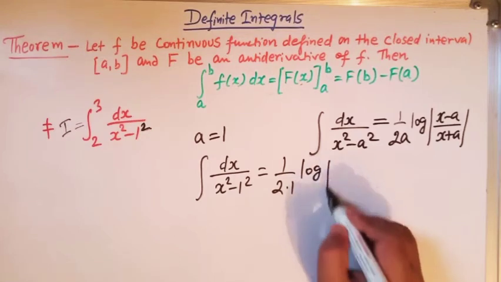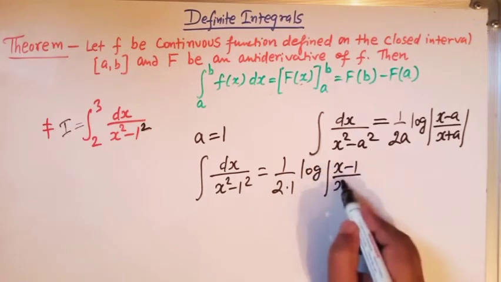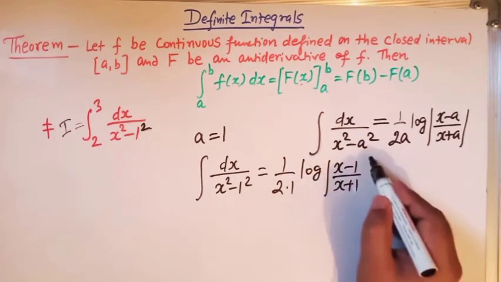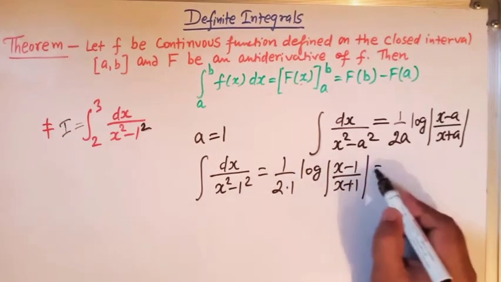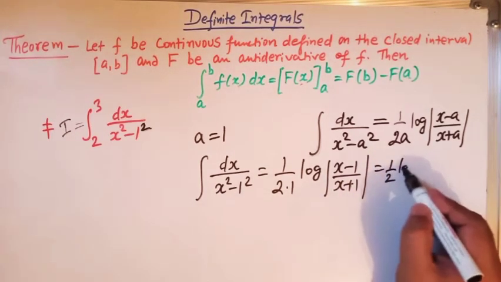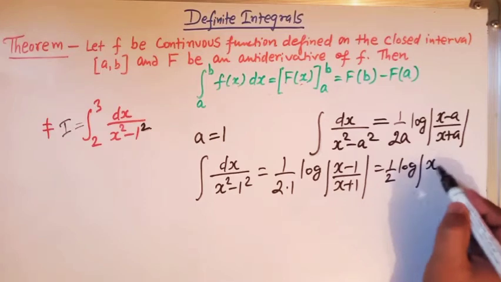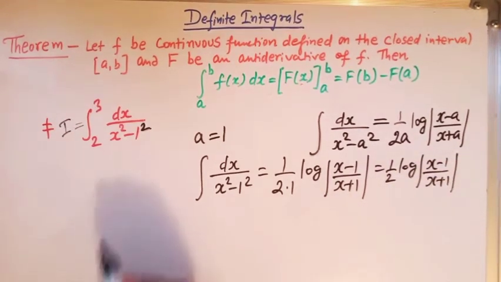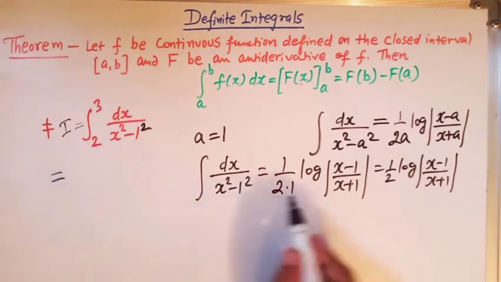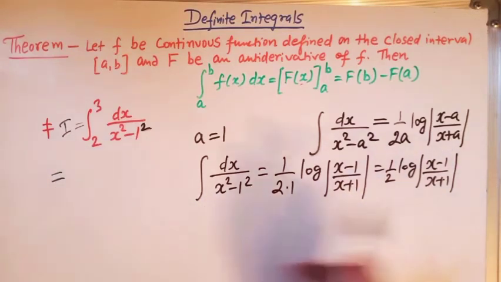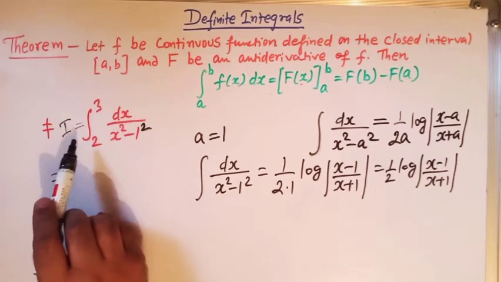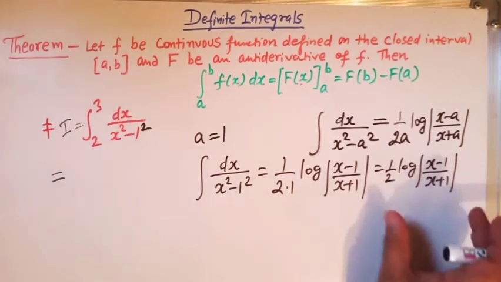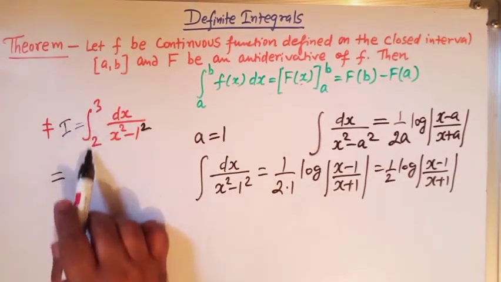So we have log of x minus 1 divided by x plus 1, right? So this is half log x minus 1 over x plus 1, right? Okay, now the indefinite integral is this, so we have to just now evaluate this function at these points.